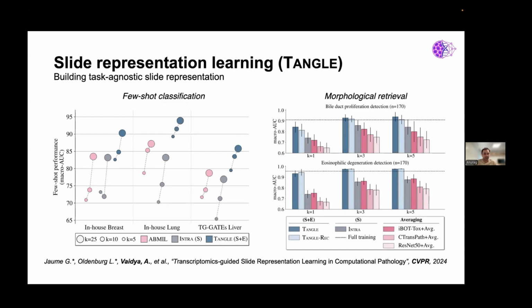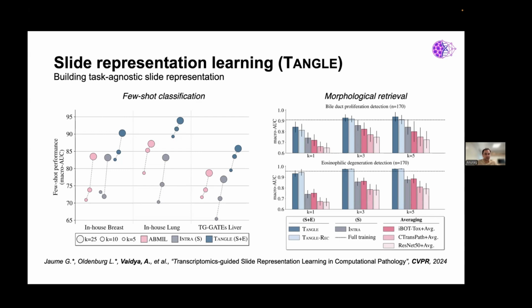Some quick results to get you excited about this approach. On the left, what I'm showing you is two subtyping tasks. So breast subtyping and lung subtyping, in which you're classifying your whole slide images as either adenocarcinomas or squamous cell carcinomas for lung. And for breast, you're classifying them as ductal or lobular carcinomas.